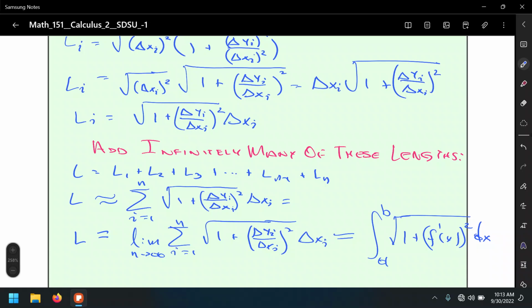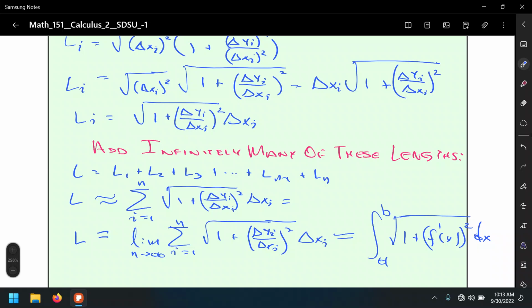So again, in a similar way that we obtain the area under the curve, but now we're not multiplying length times width. In this case, we are using the Pythagorean theorem to find the hypotenuse that represents that partition of an arc length, and ultimately adding with this symbol, which means sum, infinitely many of them, is going to lead to the integral.